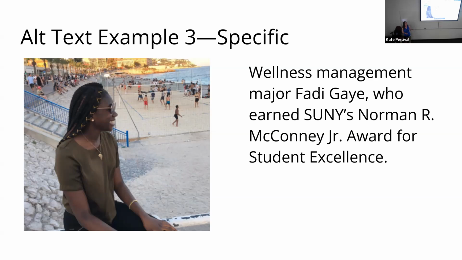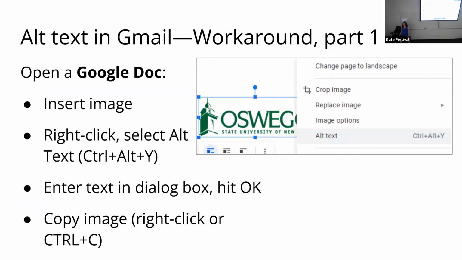If it has no significant relevance, I highly suggest removing it, just because alt text does not really go very well in Gmail. You cannot add alt text directly in Gmail, at least not as of right now. So the workaround is you have to open a Google document, insert the image into the Google Doc, right click, or you can use the keyboard shortcut Control-Alt-Y, choose the alt text option from the options menu, enter in your alt text, and then copy the image.